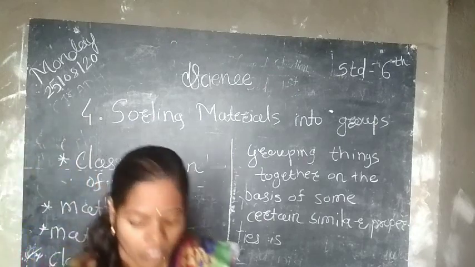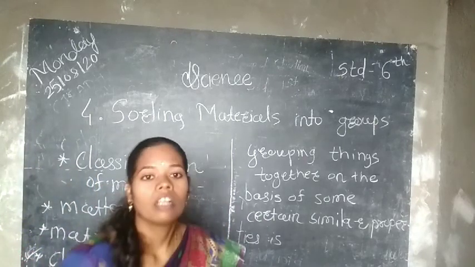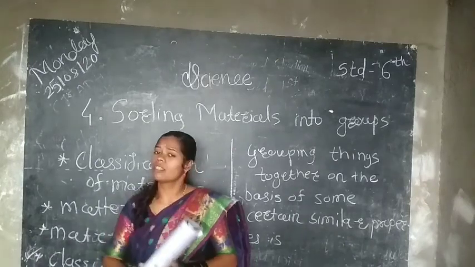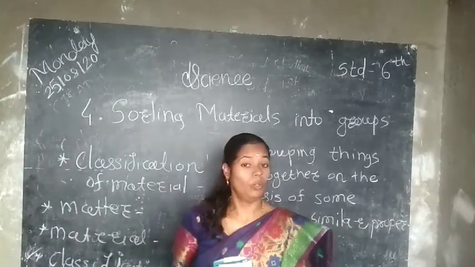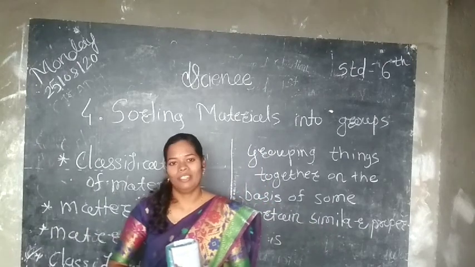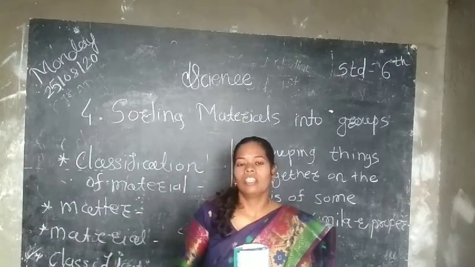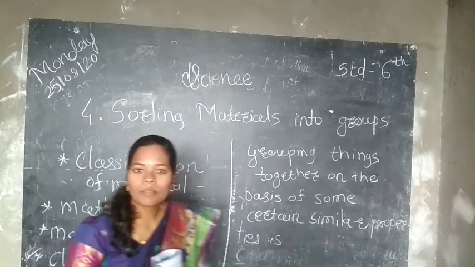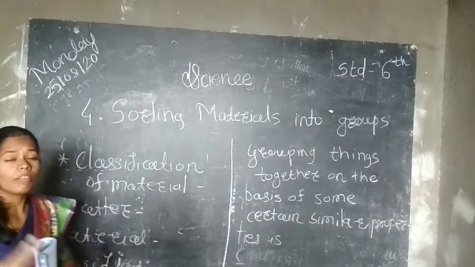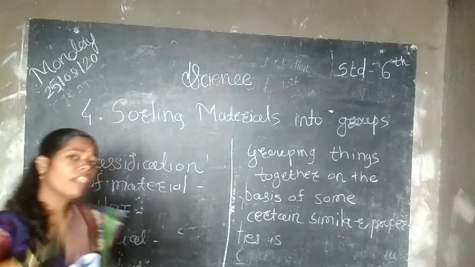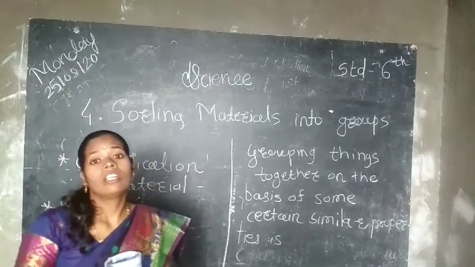So on the earth, many living organisms are present. Are all equal? Are all the same? No. Plants are there, animals are there, small unicellular organisms are there, humans are there, various kinds of plants are there.